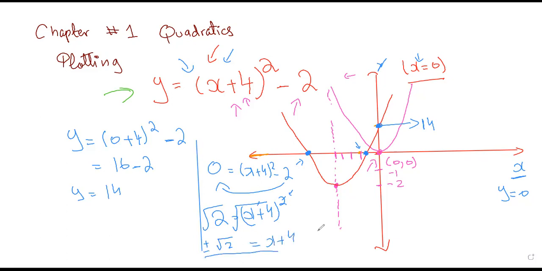Again, this is not one equation. We have two equations. One is under root 2 minus 4 equals x, and the other one is minus under root 2 minus 4 equals x. What x do we get from this equation? Please calculate the value and tell me.